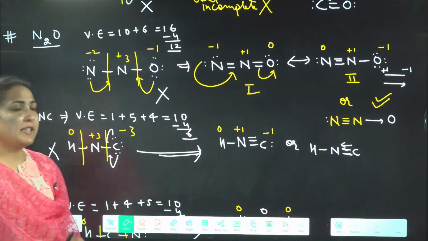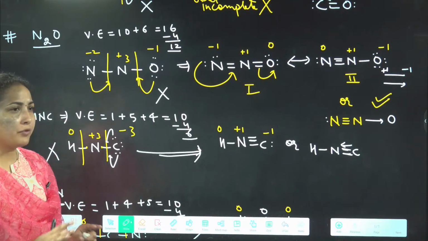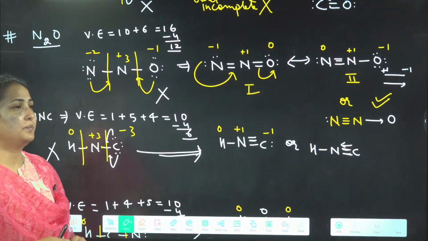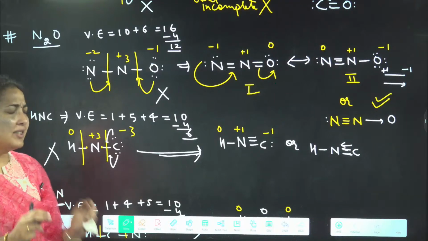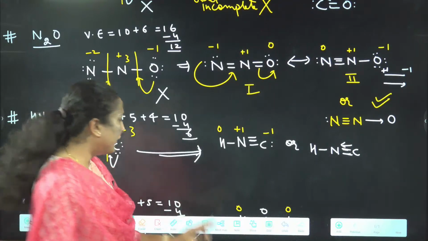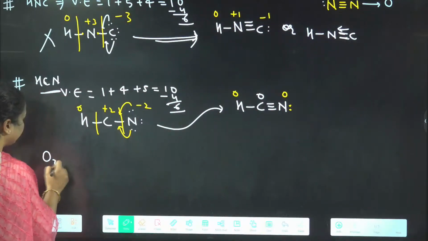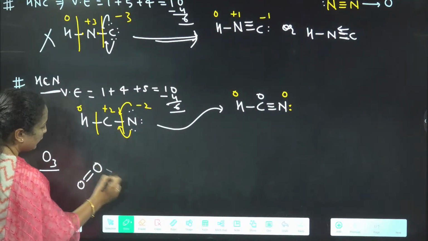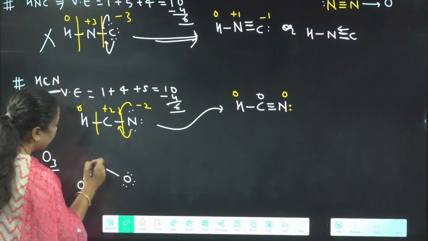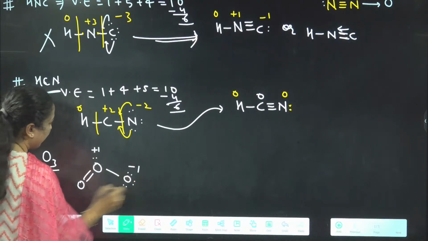Yes, understood. Is there any confusion in this coordinate covalent bond further, because we are done with this? See, at your level, they are going to ask you very, very simple things also. Now, if you remember ozone, which we drew yesterday, it was like this. +1 we have placed, -1 we have placed.